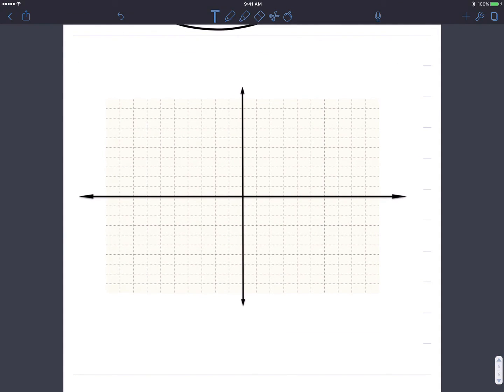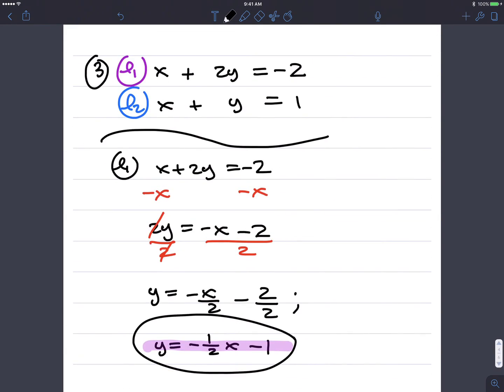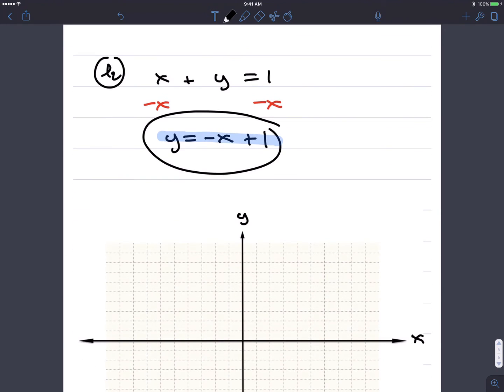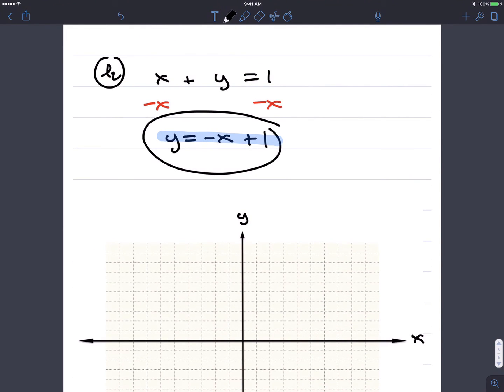Okay. We have an x-axis, we have a y-axis. Let's see what that first equation is. It's negative x, oops, sorry, too far up. It's negative 1/2 x minus 1. Okay, so maybe it is a good idea for us to draw this first equation here.